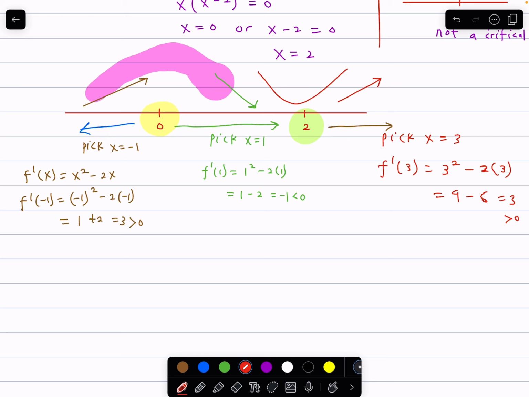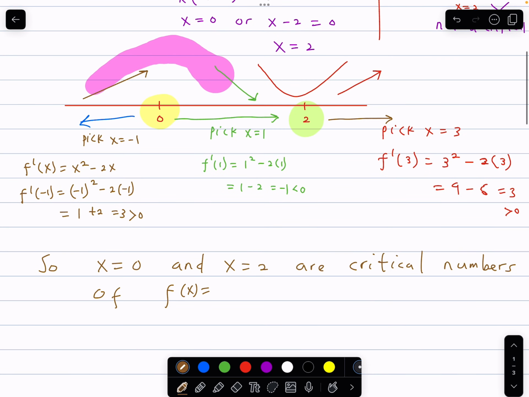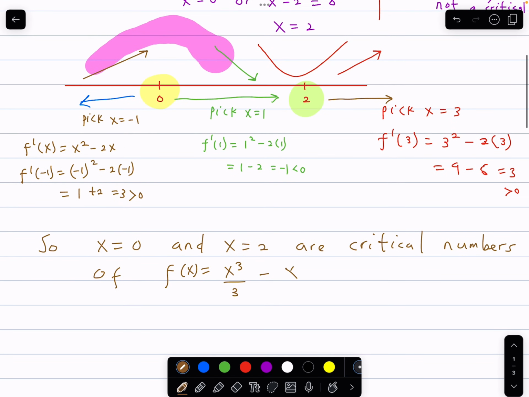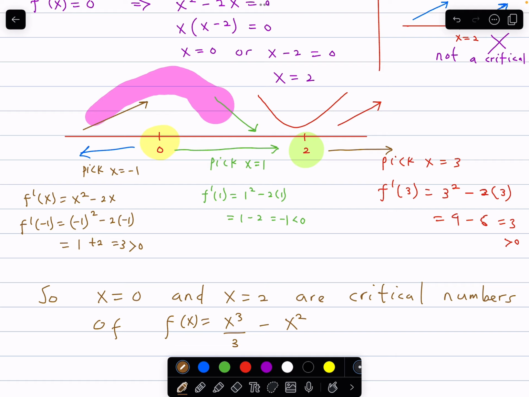And the reason is that the function changes course at those points. So x equals 0 and x equals 2 are critical numbers of f of x equals x cubed over 3 minus x squared.